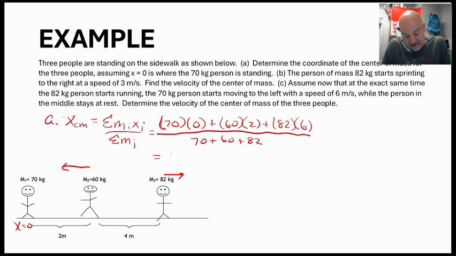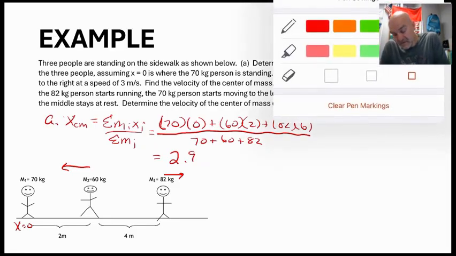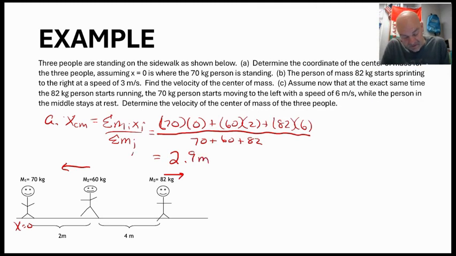What you find is that the center of mass for this system, not centimeters, it's in meters, is at 2.9 meters. So it's roughly in this area. You can see it is a little bit skewed towards the 82 kilogram person, because it's going to be skewed towards the larger person in this case.